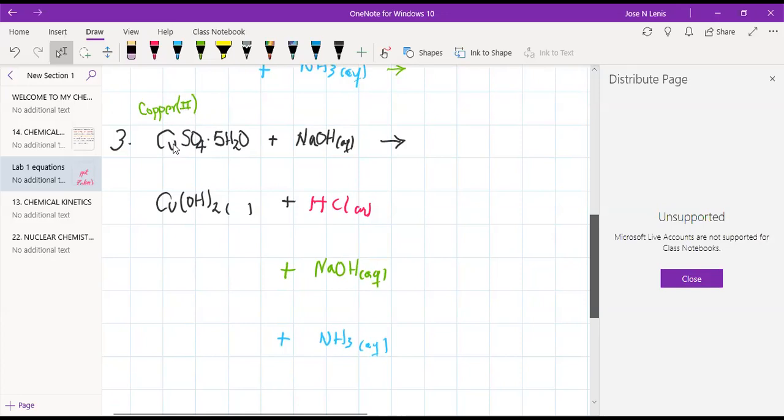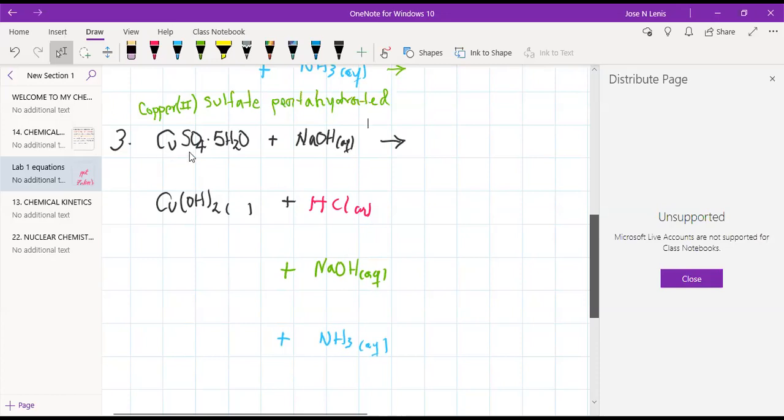In this particular case, in copper sulfate, copper is working with 2 plus oxidation number, so we have copper 2 sulfate, penta, 5 hydrated. Has 5 water molecules in its crystalline structure.